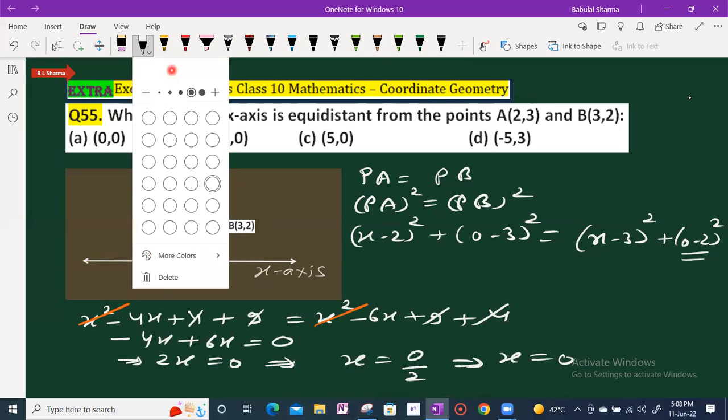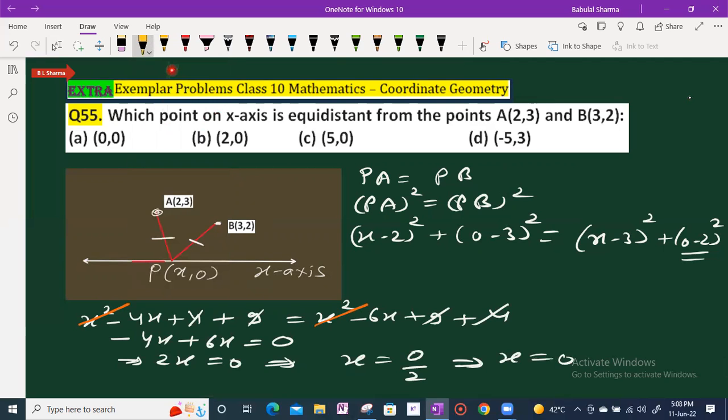देखिए P कोऑर्डिनेट हमारा था x, 0. हम यहाँ पे x कोऑर्डिनेट फाइंड आउट कर चुके हैं 0. y is already 0.